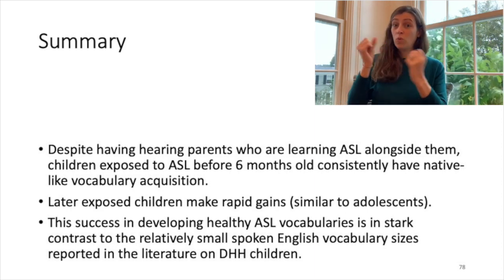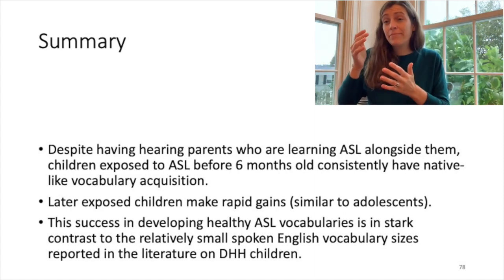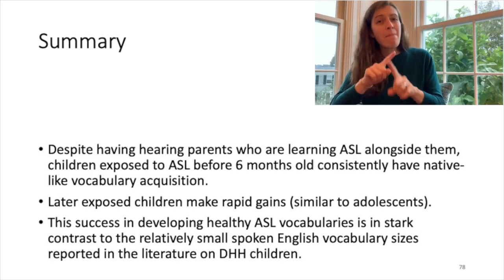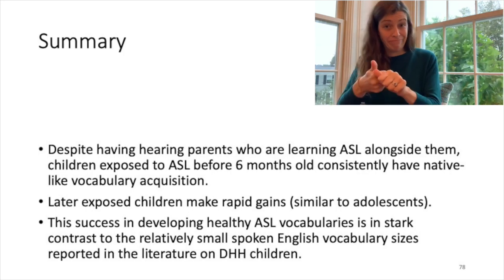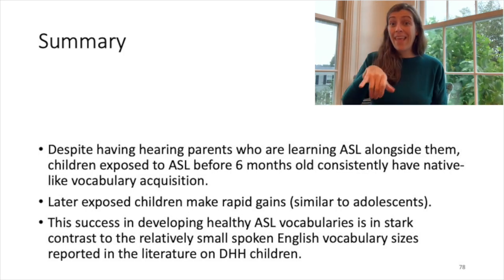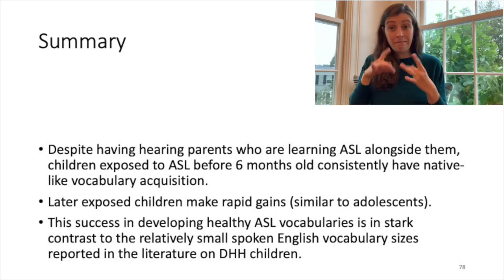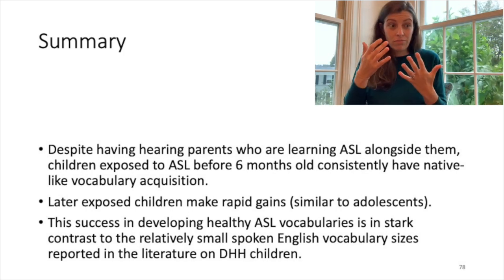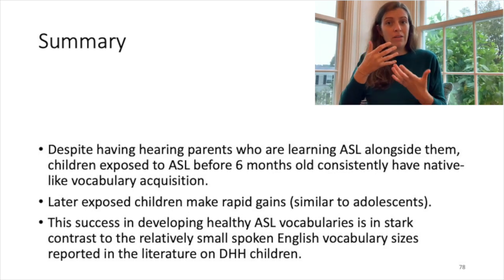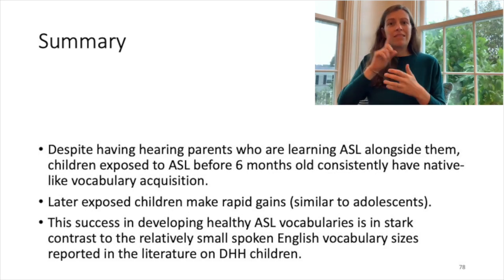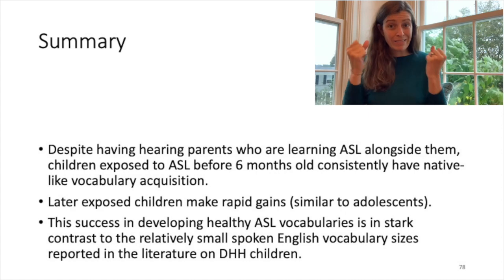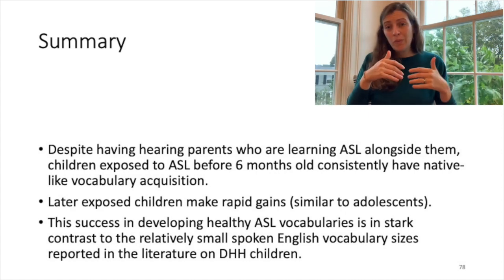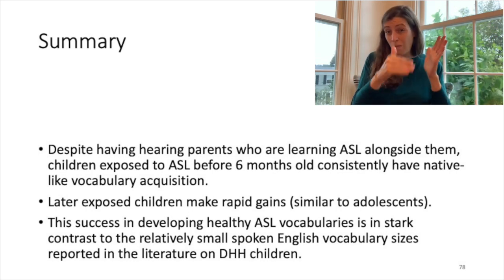We also found that children who are exposed a bit later made rapid gains, which is similar to what we see in adolescence. Kids appear to be able to catch up in their vocabulary skills. The success that we see here in developing age-appropriate ASL vocabularies is in stark contrast to the relatively small spoken English vocabulary sizes that we see reported again and again in the literature on deaf and hard of hearing children.